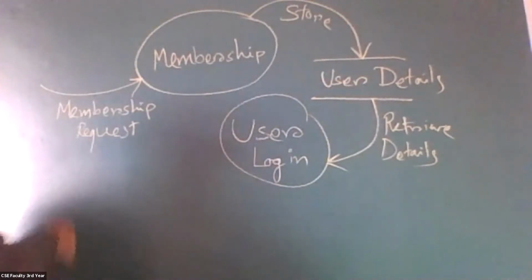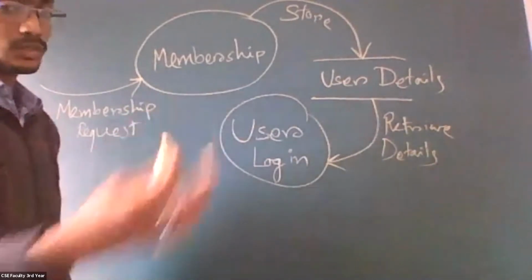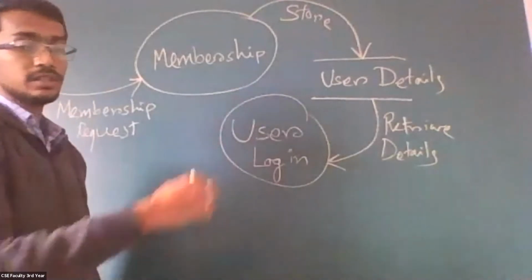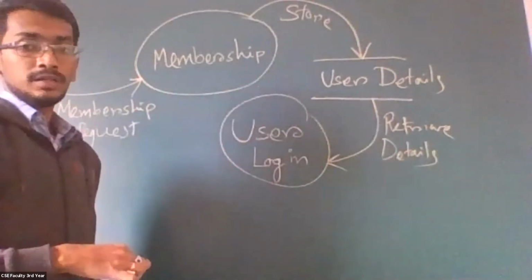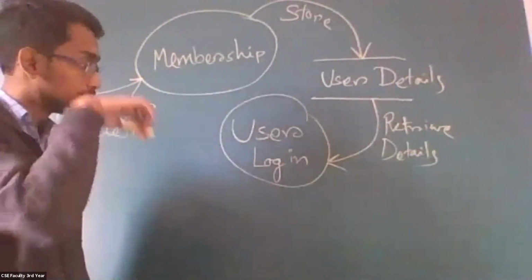For the second time, when this user tries to log into the system, this login process will retrieve the user details information from the database. Is it clear? Yes, sir. Okay.